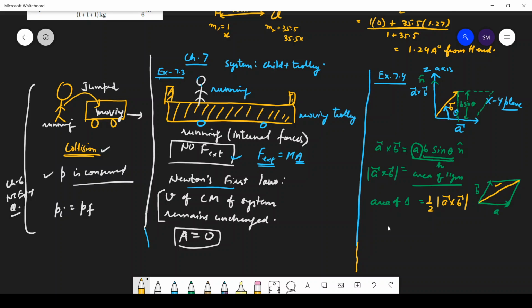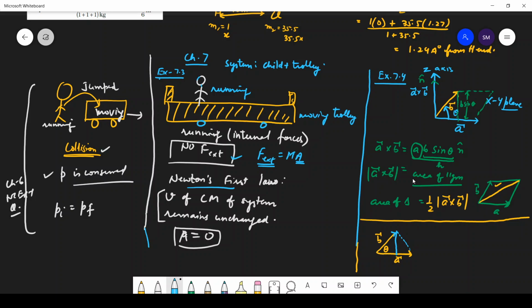Another way, you can simply draw a triangle. So this is A and this is B, and this angle is theta. Now complete this triangle, and what will be this height?